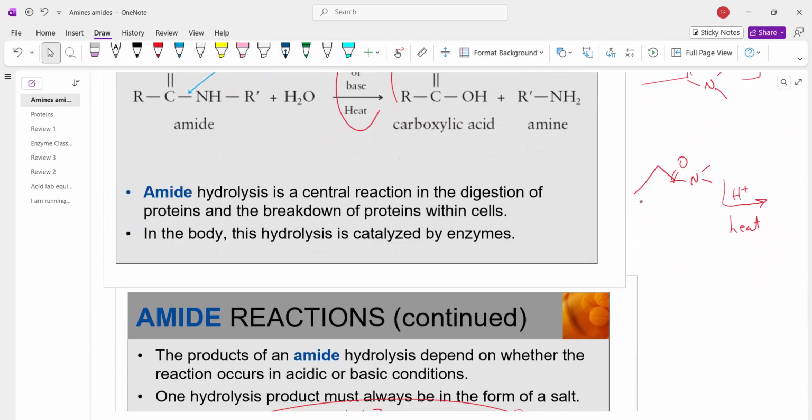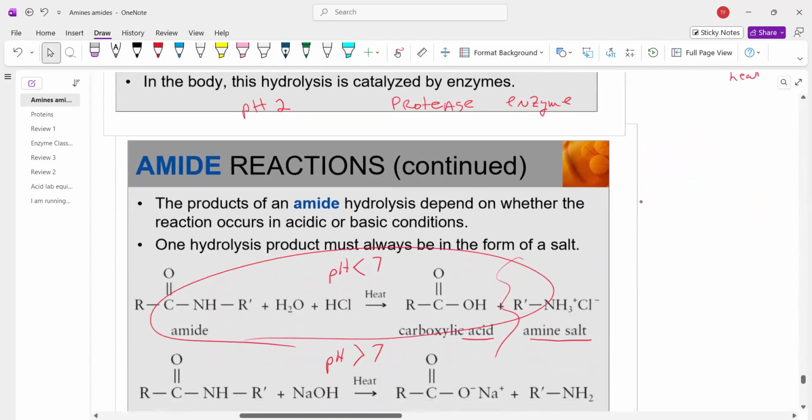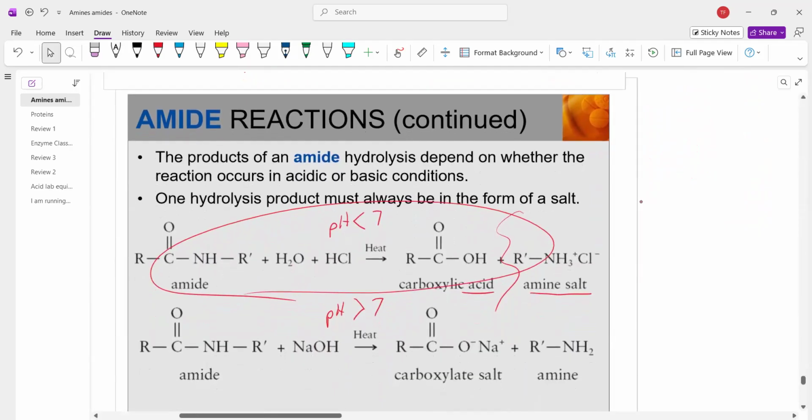And all that's done by protease enzyme and pH of 2 also. And this is what I just went over.